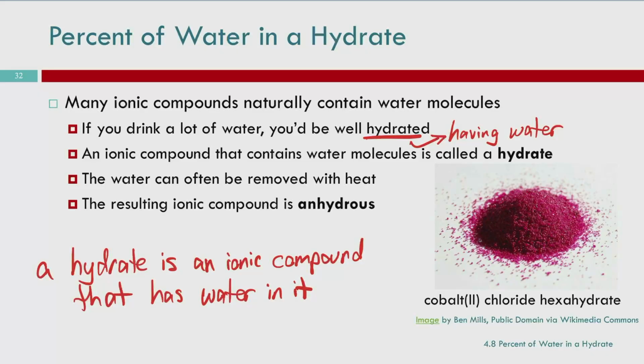You can remove the water a lot of the time by heating it, which is what we'll be doing in the lab. Ionic compounds have really high melting points, really high boiling points, but the water is usually not stuck on there super well.